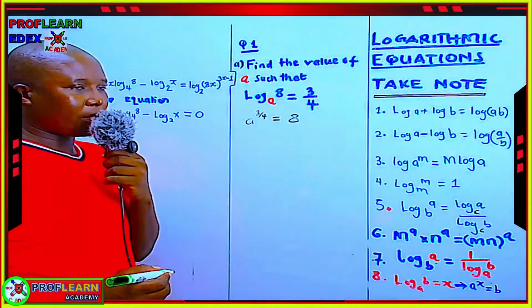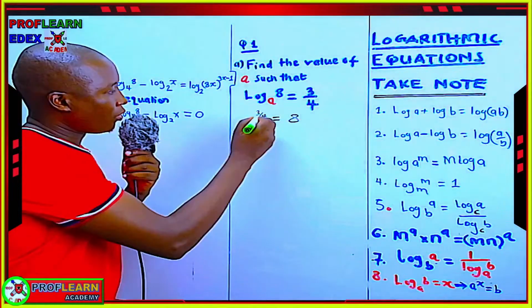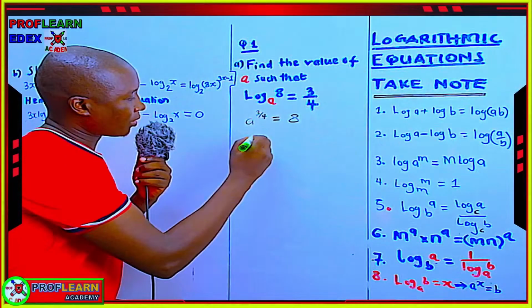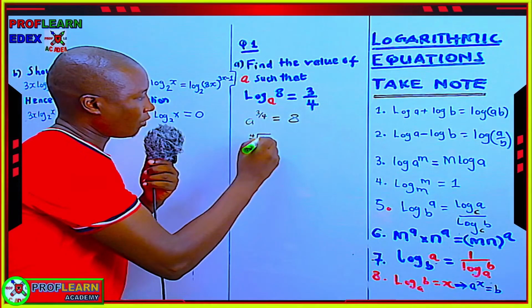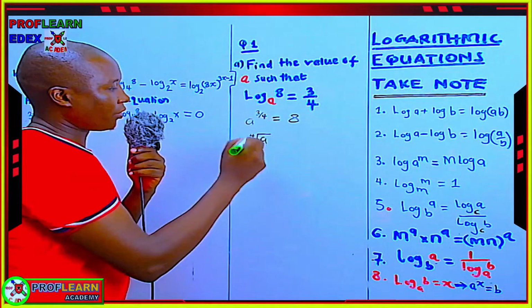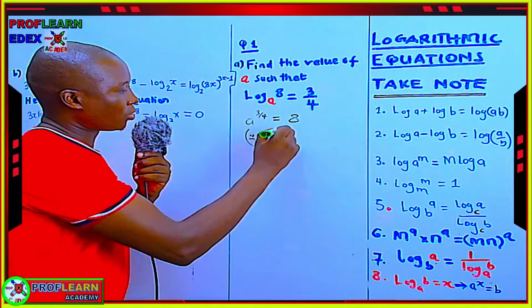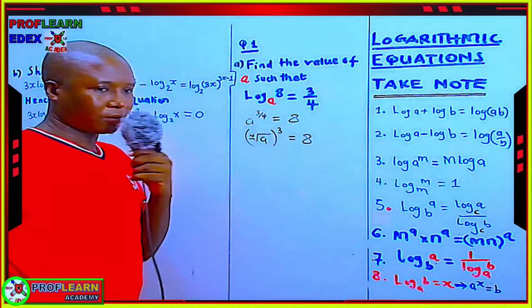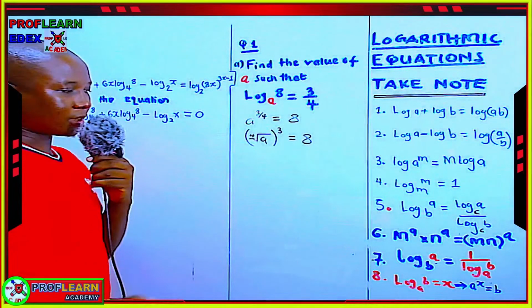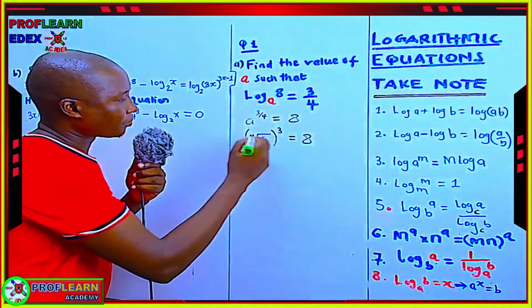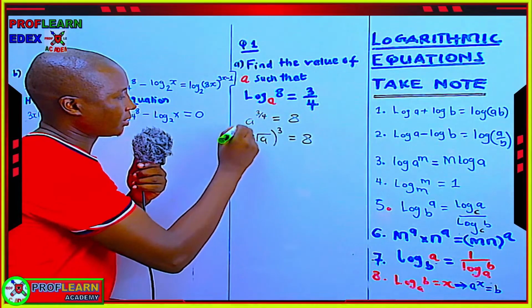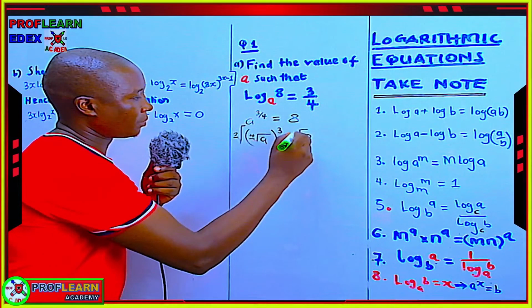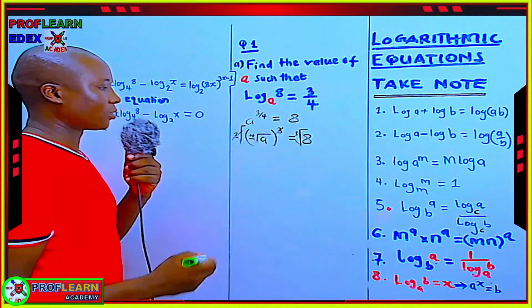And from the laws of indices, we can write this as the fourth root of a because of this 4 here. Then if this is raised to power 3 is equal to 8, we are going to find the cube root both sides, so that this and this will cancel out.